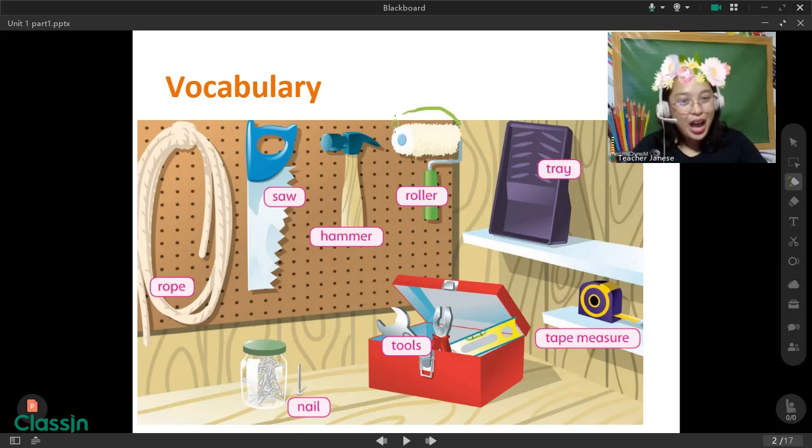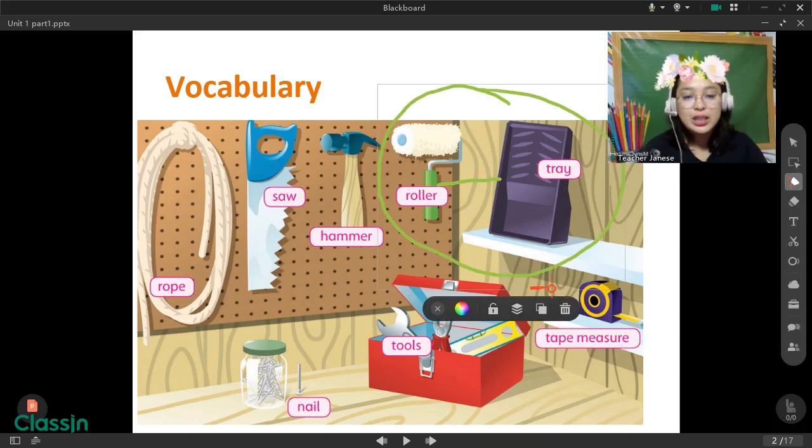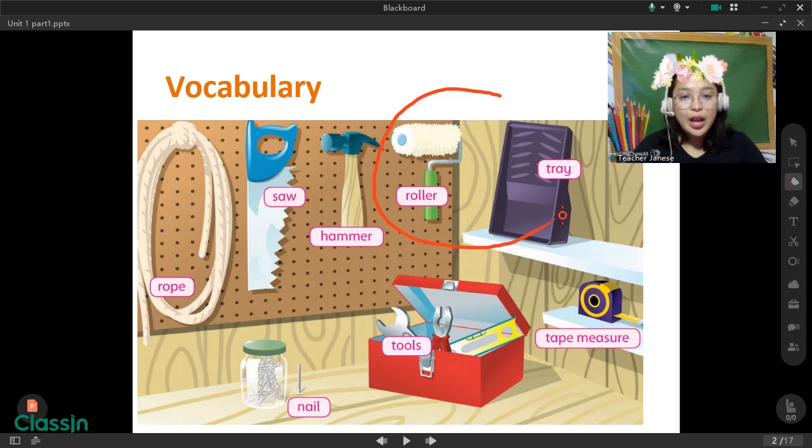Okay, how about this one? What is this? It's a roller. Okay, it's a roller. And by the way, roller and the tray. Okay, I'll use red pen. So roller and tray, they are used together.